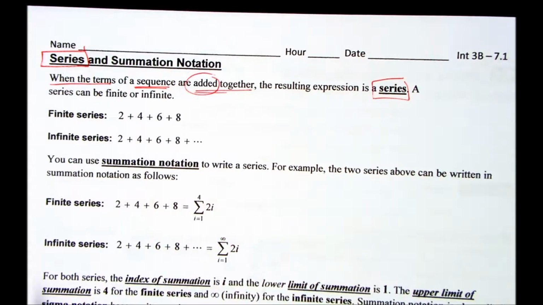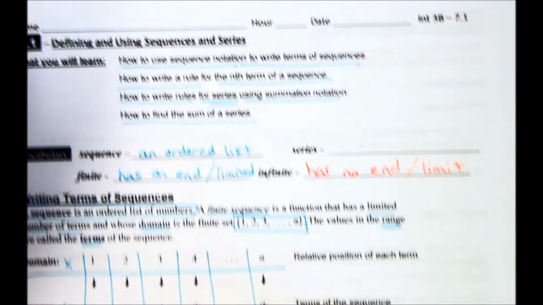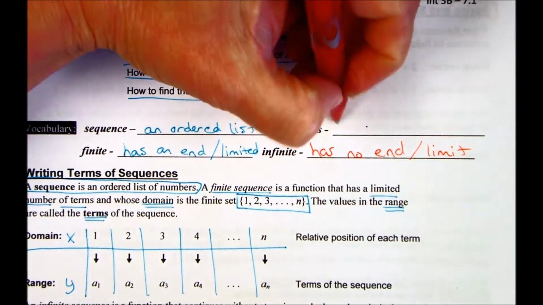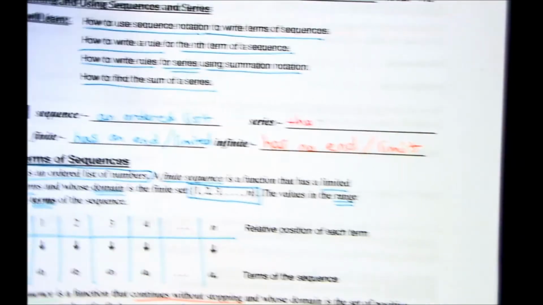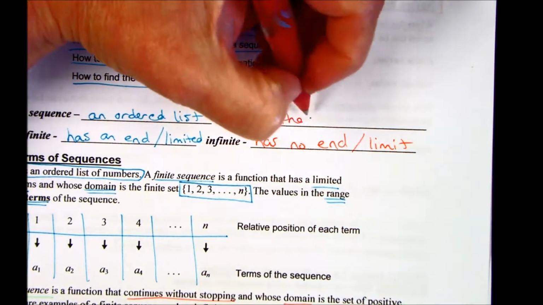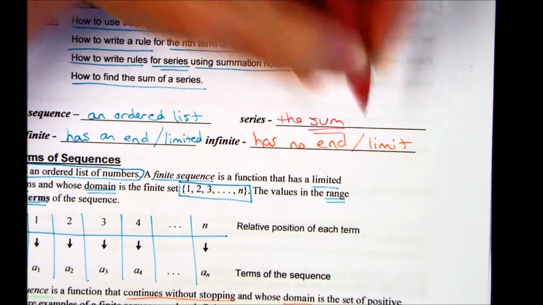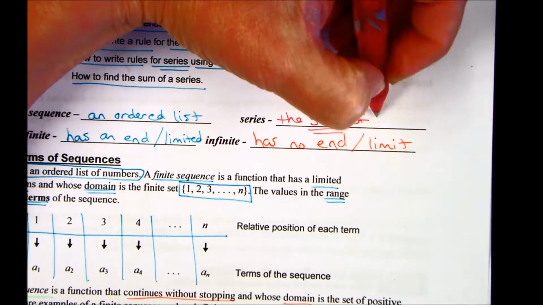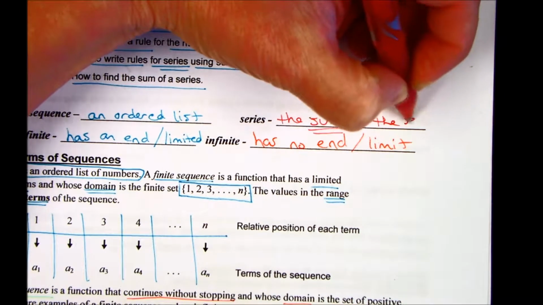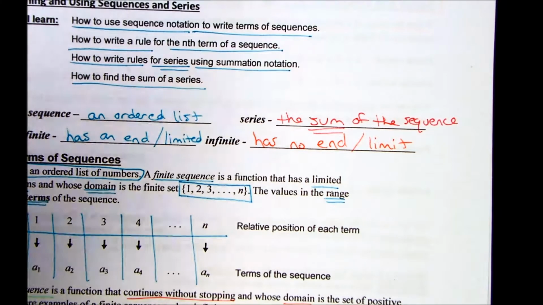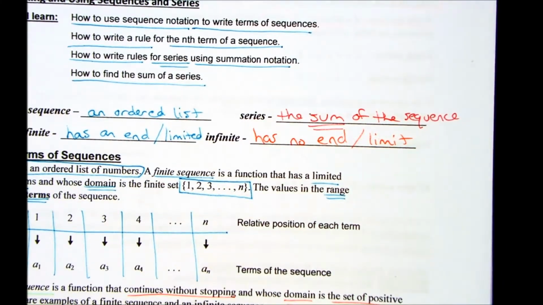So let's go back to the front page and complete our vocabulary here. If you're asked to find a series, you're asked to find the sum of a particular sequence. So you're finding the sum of the sequence.